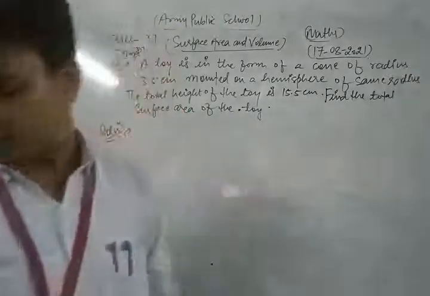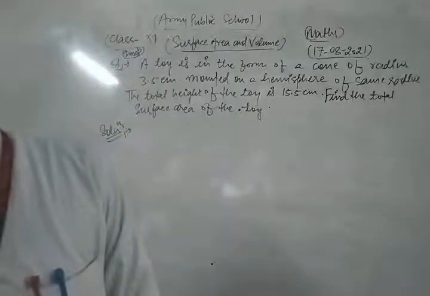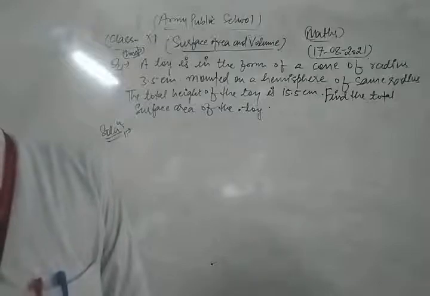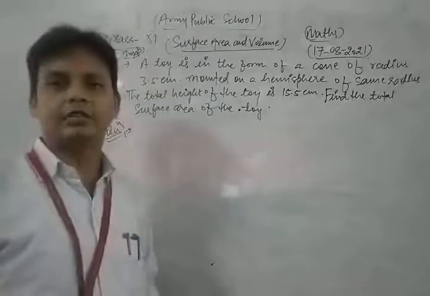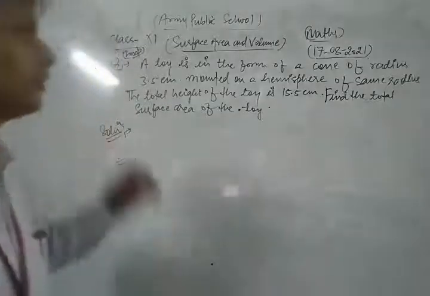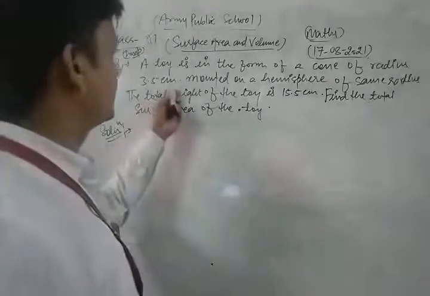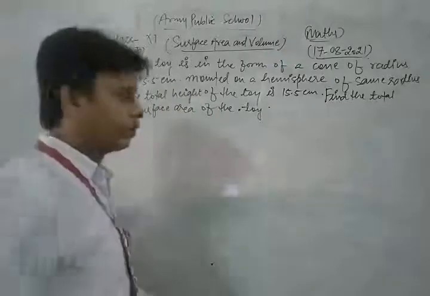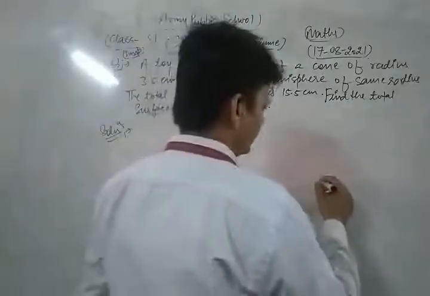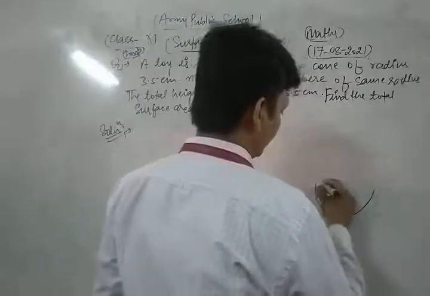This is the question. This is a very important question, dear students, of your syllabus. So please, dear students, let's see, be very concentrated. Now, here a toy is in the form of a cone of radius 3.5 centimeter mounted on a hemisphere. Look, it means the toy is in the form of like that.